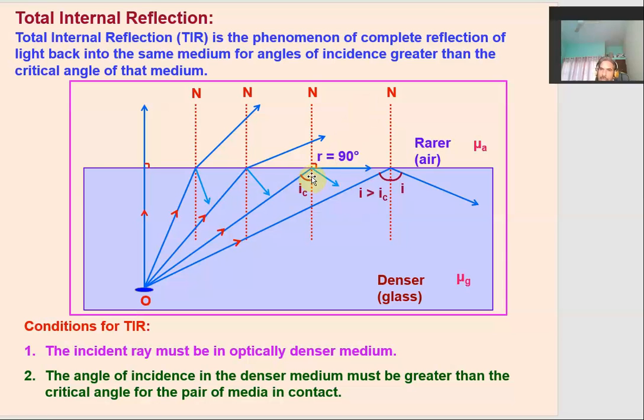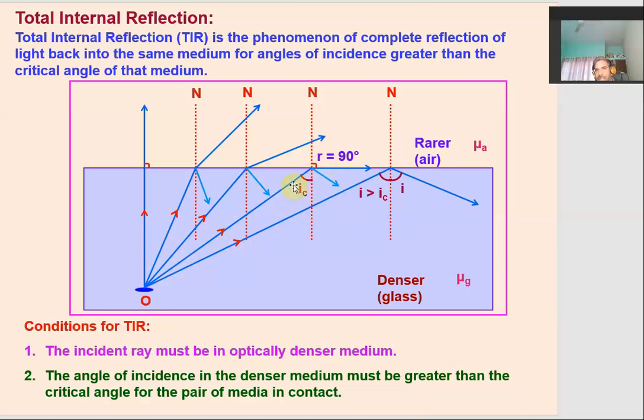So this angle of incidence at which the light ray goes parallel to the surface separating the two media is called the critical angle. And here the angle of refraction will be a right angle, or we can say 90 degrees. The angle of refraction at the critical angle of incidence will be 90 degrees.